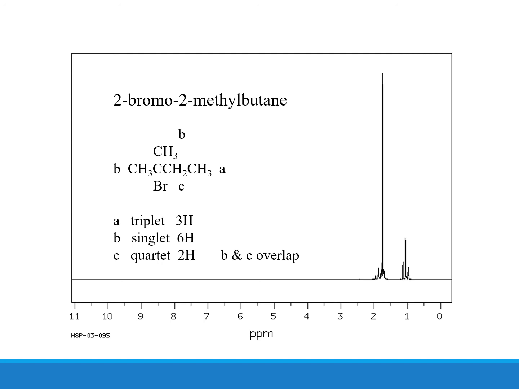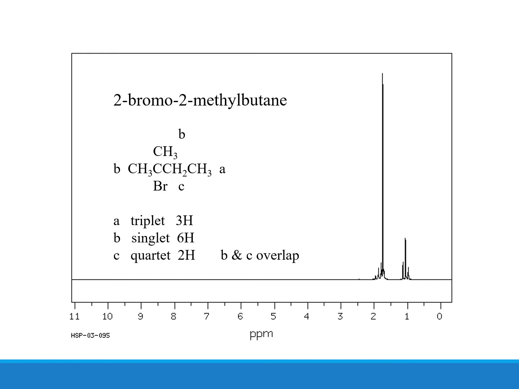And you can see that C is a quartet and B is a singlet, because these splittings are very close to each other, and their peaks appear overlapping in the spectrum.